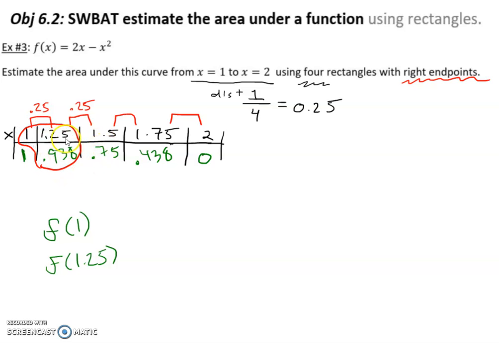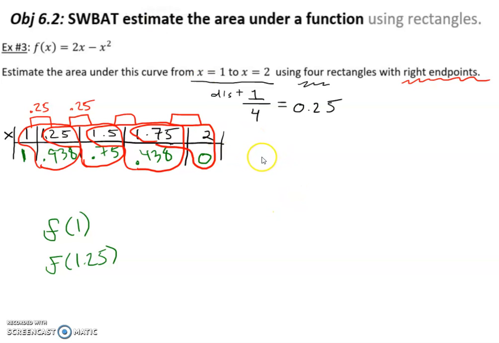And then in the next rectangle from 1.25 to 1.5, the y value on the right is that 0.75, so we'll use that one. The next rectangle, the y value on the right is the 0.438, and then the last one, the y value on the right is 0. So that 1 initially will never be used.